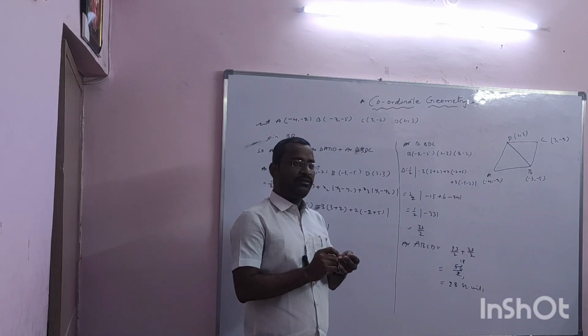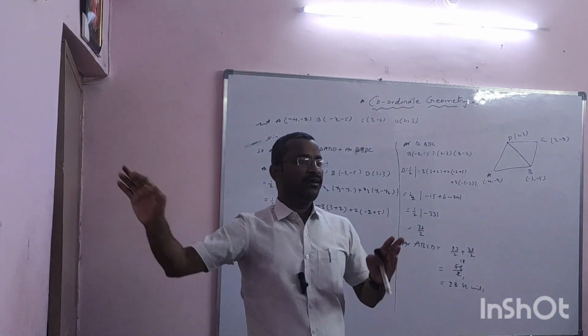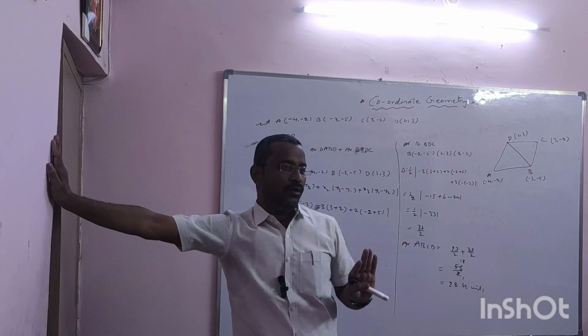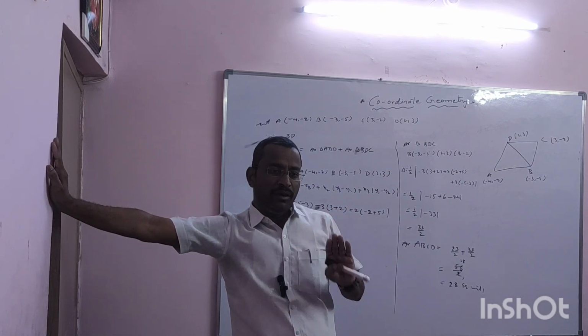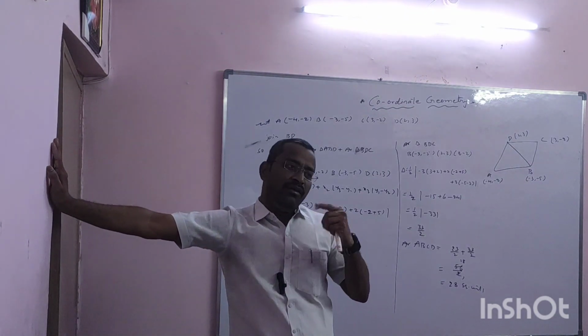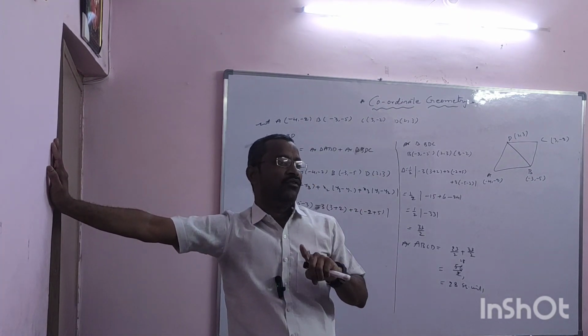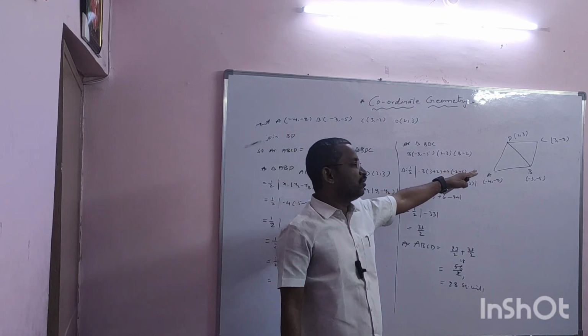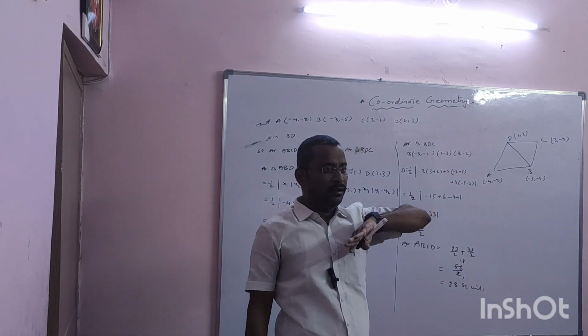So the formula remains the same, but you have different types of questions. Sometimes they will ask whether the points are collinear. Sometimes they will ask to find the missing value. Sometimes they give the area and ask you to find the missing value. Sometimes they give a quadrilateral and ask you to find its area.